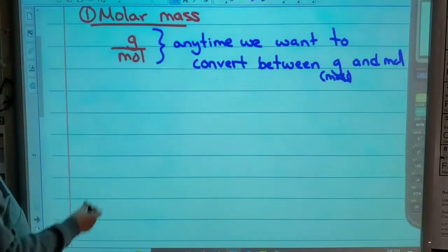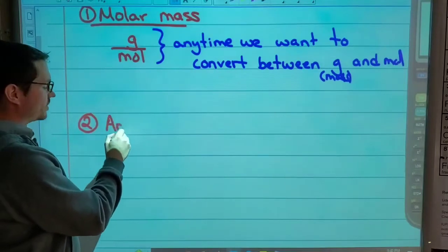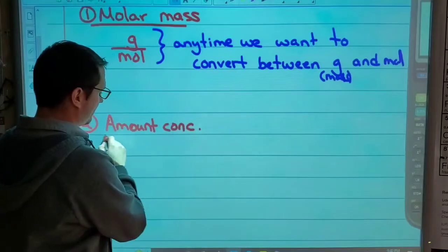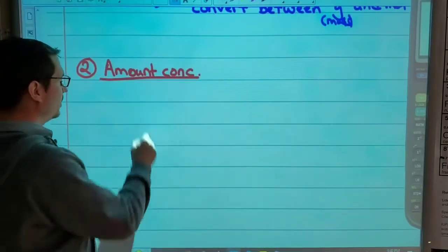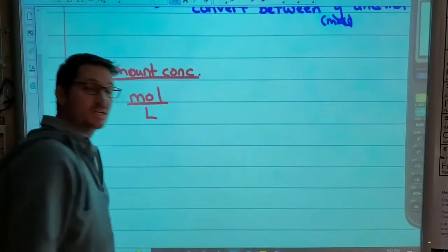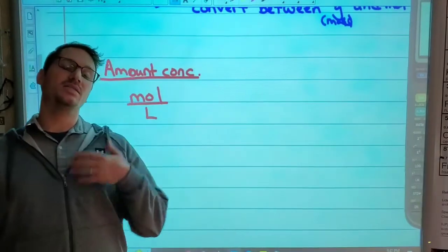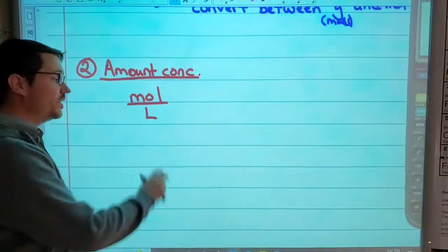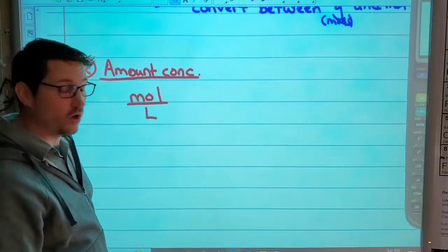The second thing we want to talk about is the molar concentration, or the amount concentration. Amount concentration is measured in moles per liter. So this thing is helpful anytime we have a solution, something dissolved in something else, and it allows us to convert between the volume of that solution and the number of moles of the thing dissolved in it.